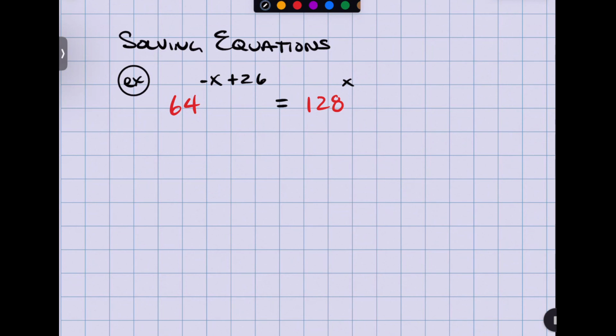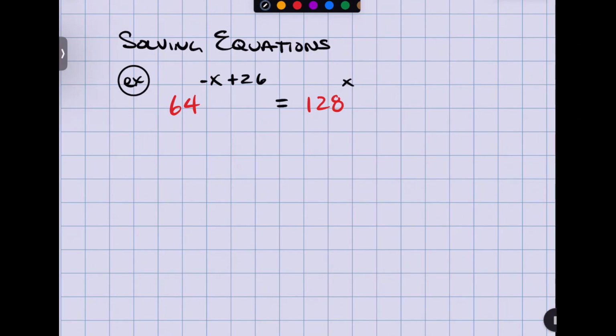So here, if we have a base raised to a power where the power has the variable that we're solving for, in other words the x, then what we have to do is get the base to be the same base. So I can write 64 as a base of 2.